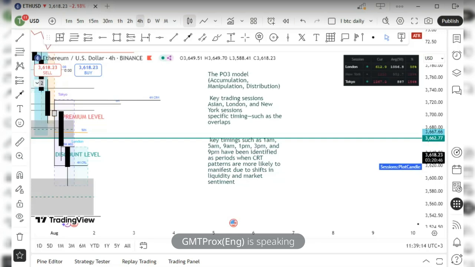To maximize the effectiveness of CRT strategies, traders should consider the following.